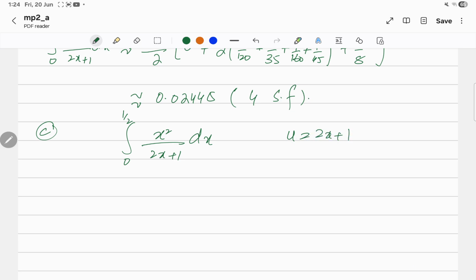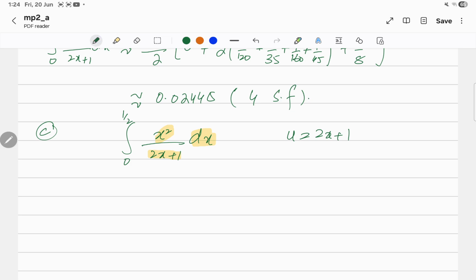So it means in this integral we have to replace the values of x by u. Each and every x value we need to replace with u. So in the integral we have x squared, 2x plus 1 we can replace with u, and we have dx, so we need to replace our dx with du.